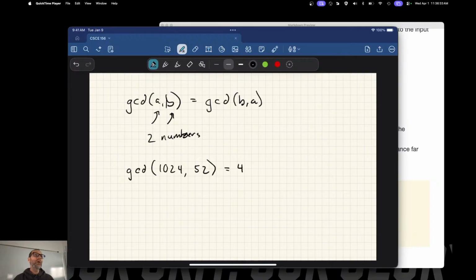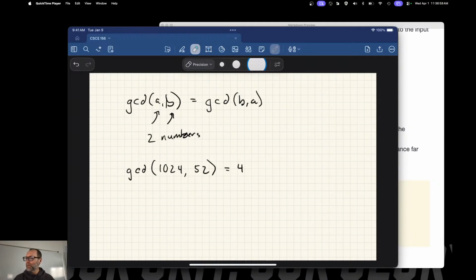Now the actual algorithm, what you would do is you would say 1024 divided by 52 with a remainder of, I don't know however much remainder is. And then you would do 52 divided by that remainder, right? And then you'd have this remainder until you get down to a remainder of 1. And then whatever is left over, that's your greatest common divisor, right? I don't want to get into that though.